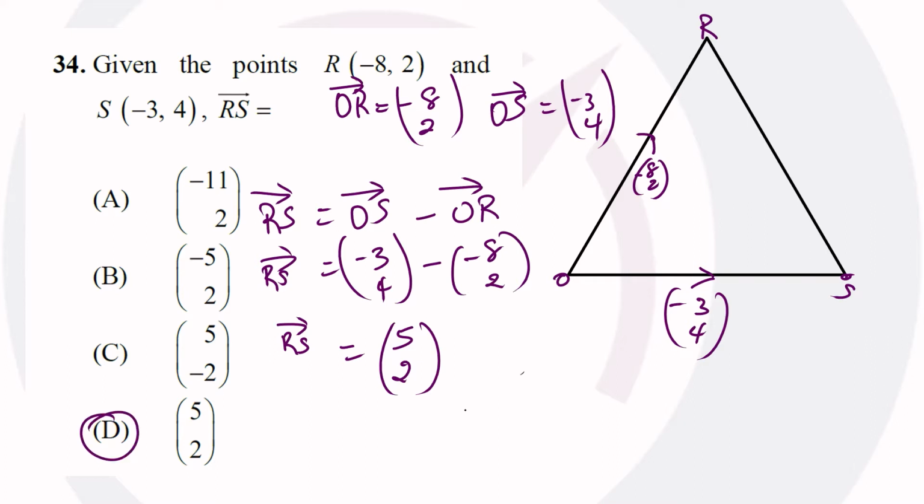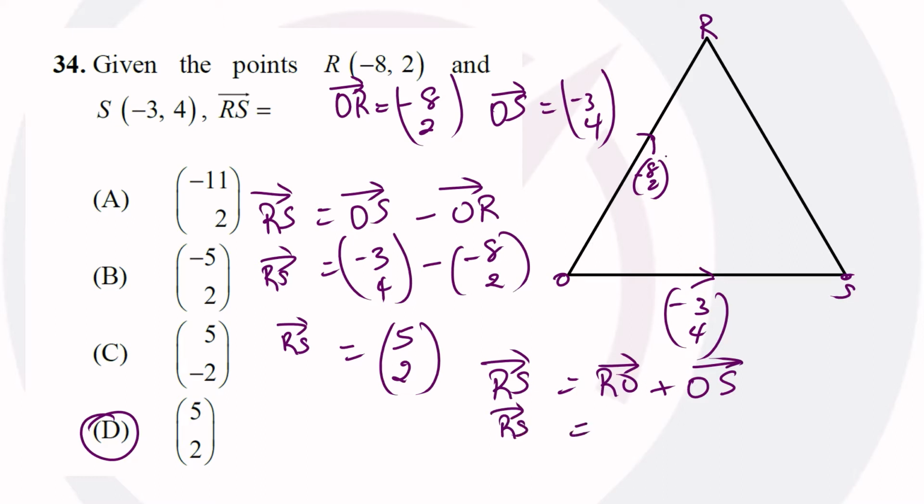Or if we did say RS gives us RO, we can go head to tail with the vectors. So RO plus OS.